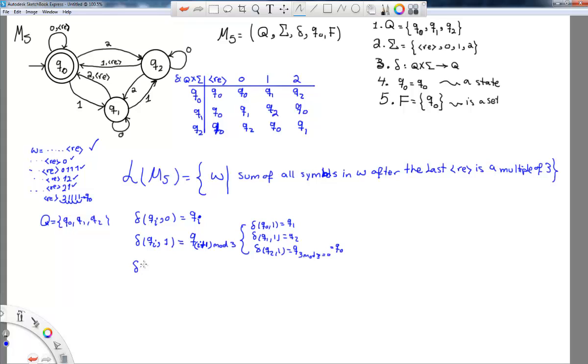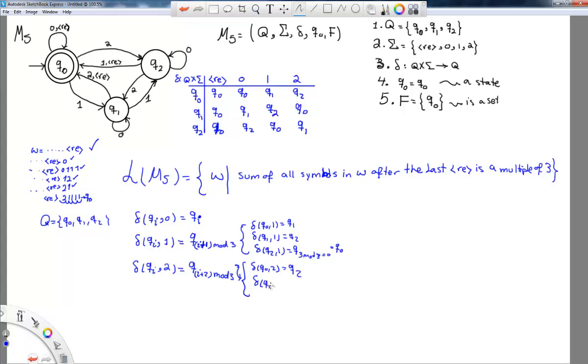What happens with delta of Q sub I comma 2? That's the same thing. It's Q sub I plus 2 mod 3. Let's branch this out also so that you could see it. Delta of Q sub 0 and 2 goes to Q sub 2.